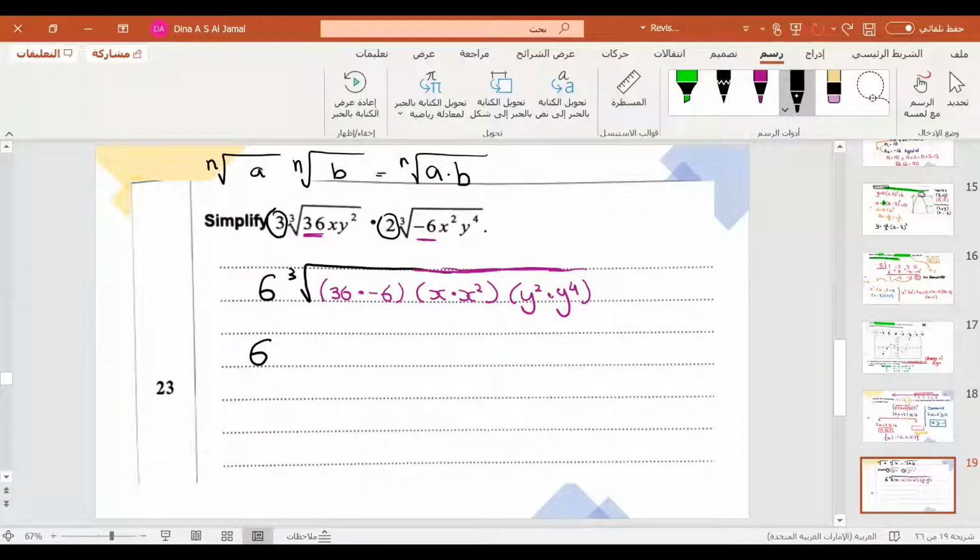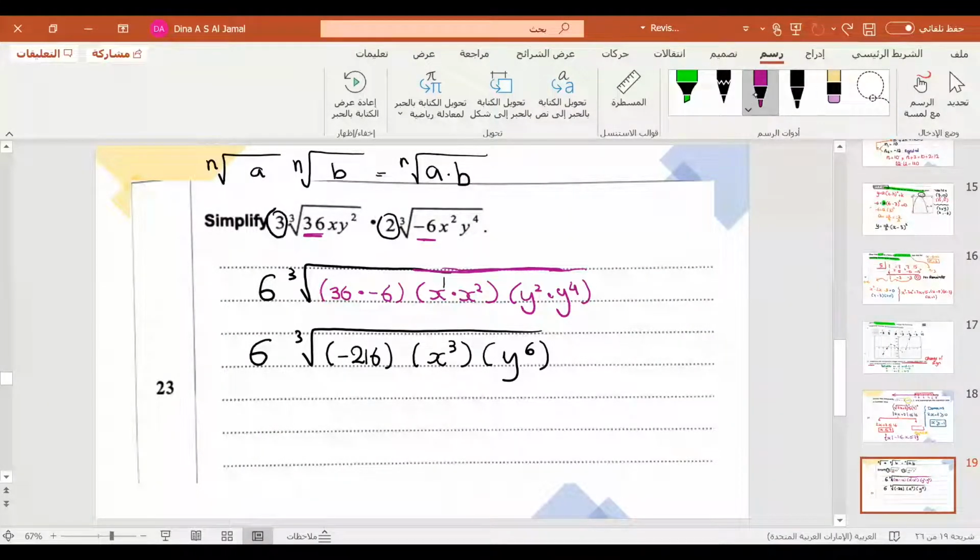Now I will be simplifying further. So this will be -216. Add the powers here, x cubed. Add the powers here, y to the power 6. So you can take each of them alone.